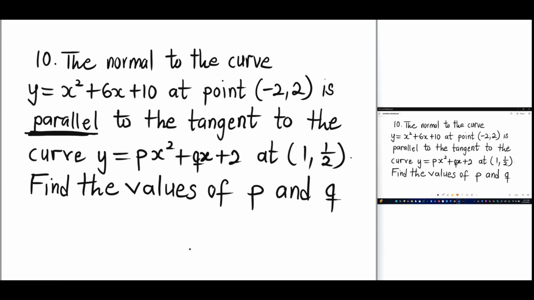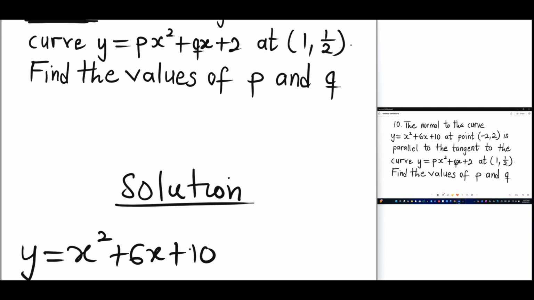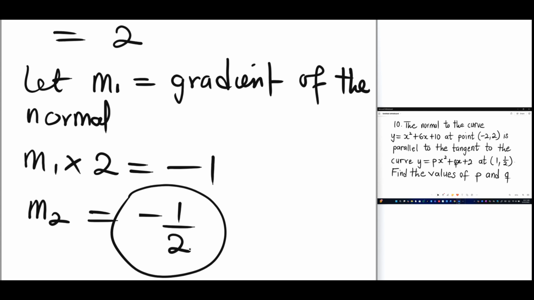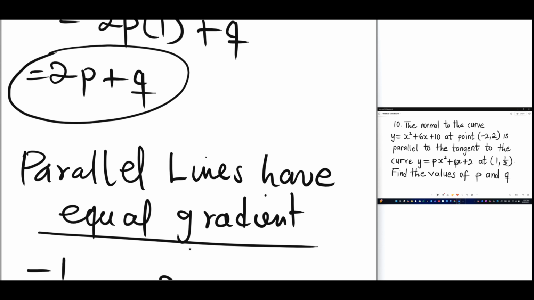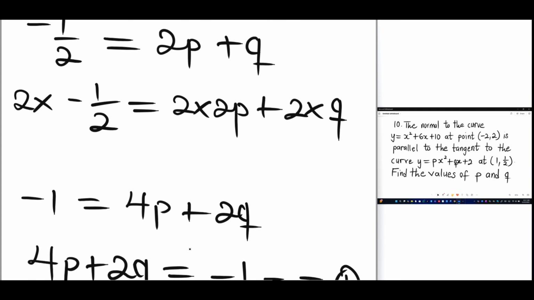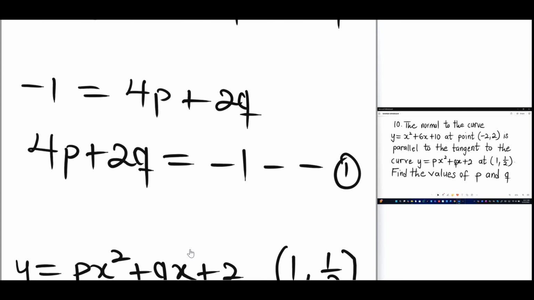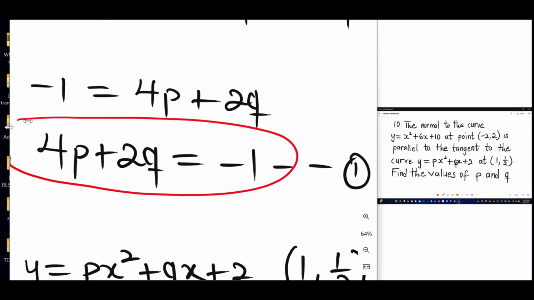So you equate the two gradients to get your first equation in terms of P and Q. So we have done that, and we have obtained this equation. This is what we had when we equated the two gradients, and this became our equation one.